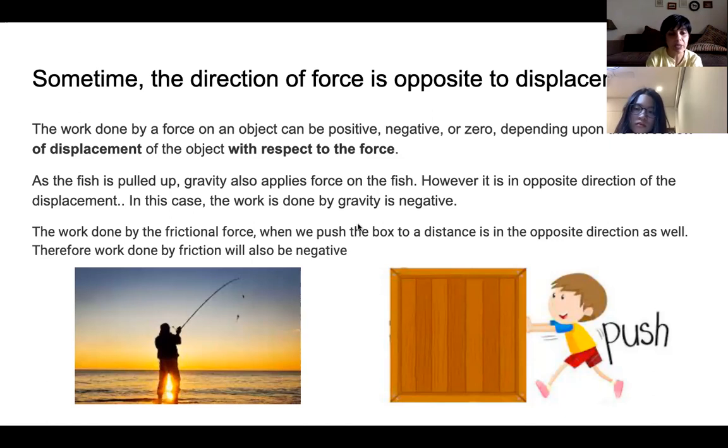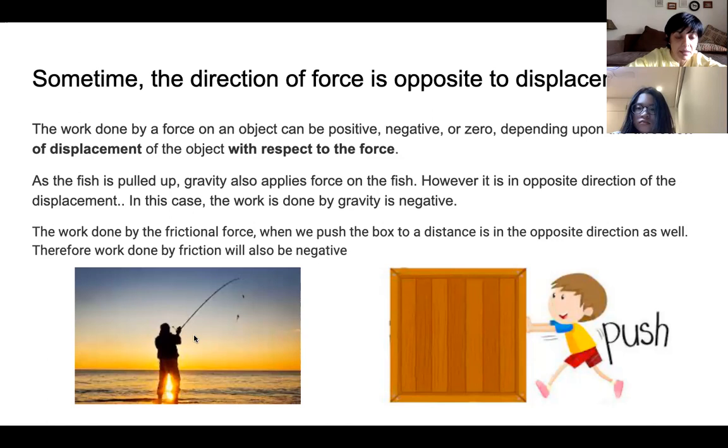So on any object at any given point of time, multiple forces are working on it. We have to look at the object from the point of view of who is applying the force, and then check whether the work is being done by that object or not.